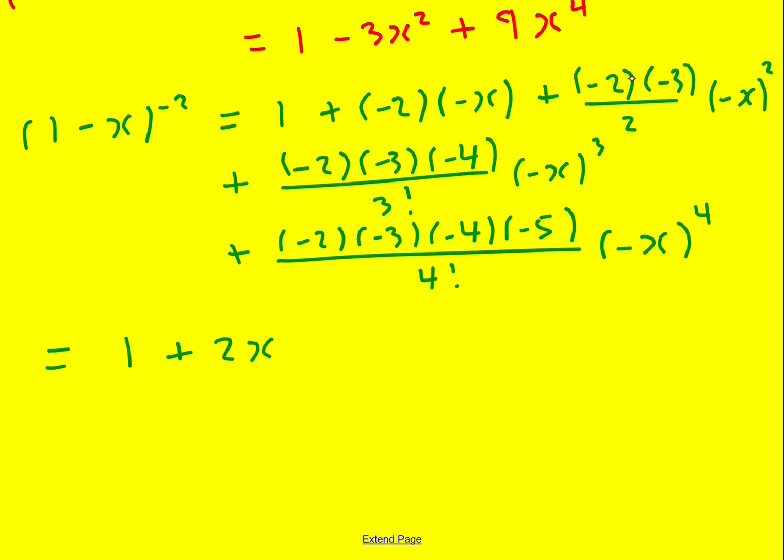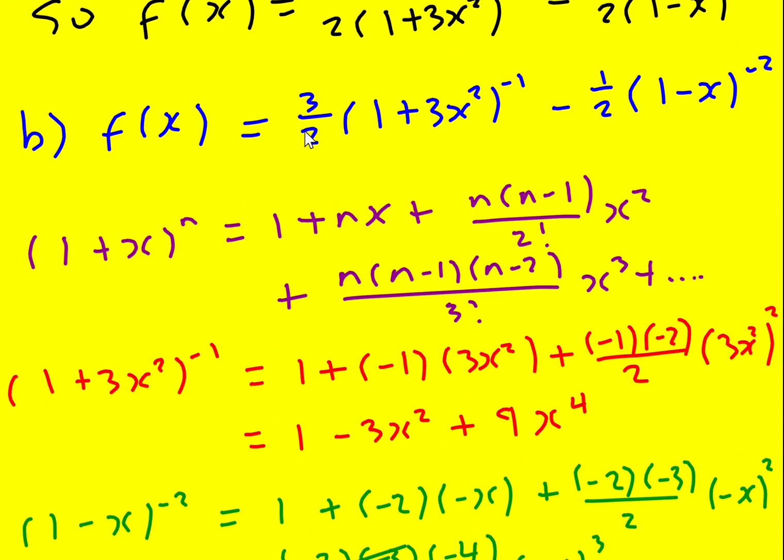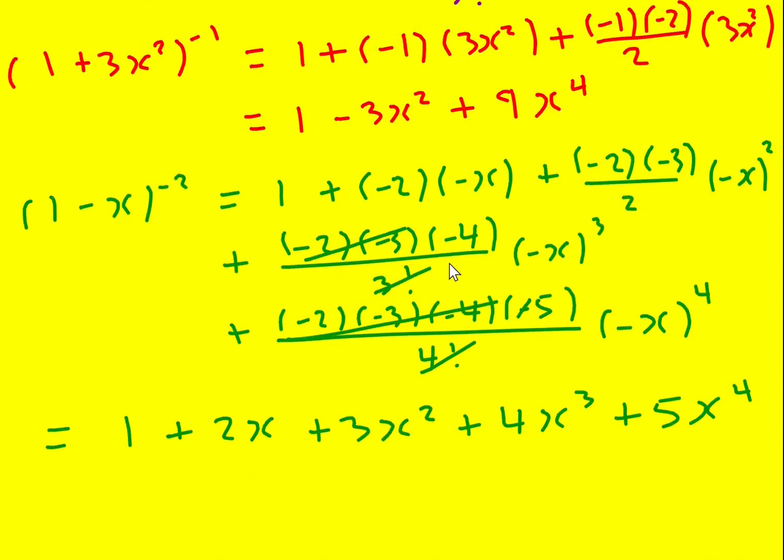Double negative again, and then this one's positive. So that's going to give us 3. This cancels with this. 4. And this one's going to be 5. That is going to cancel with that and that negative. So we're left with f of x is 3 over 2 lots of this.